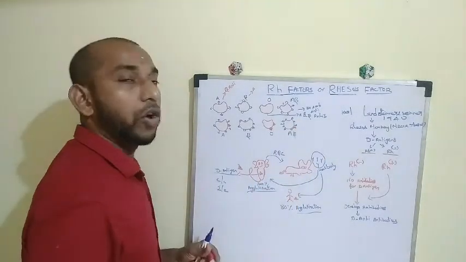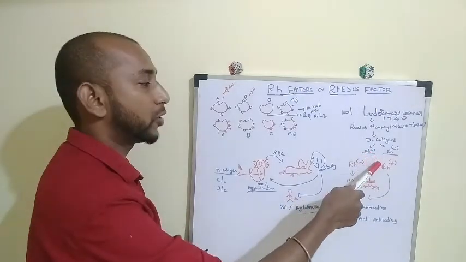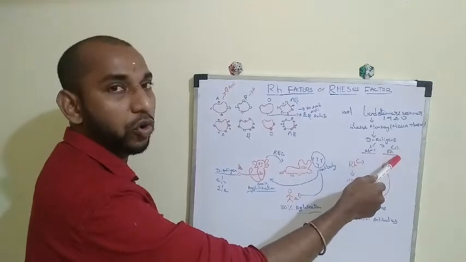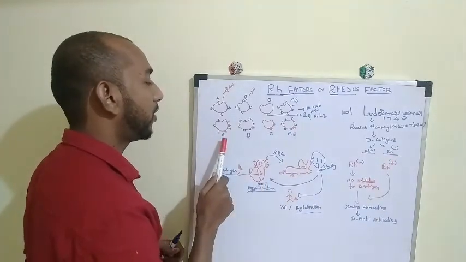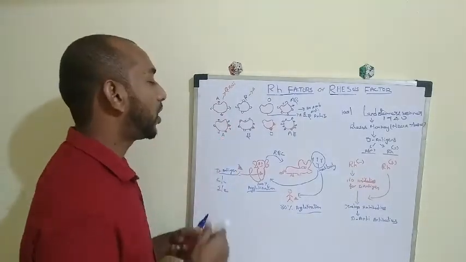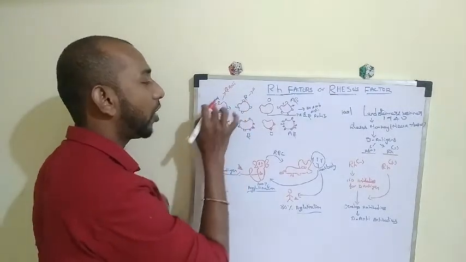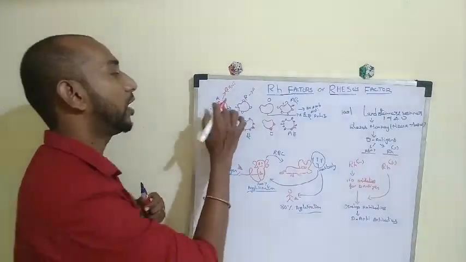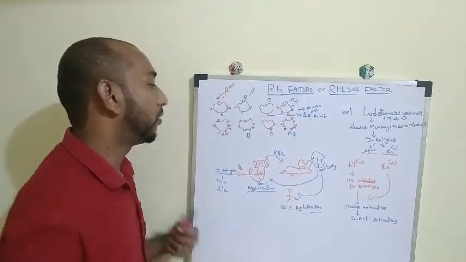As I told you, people with this D antigen are called Rh positive, without this D antigen are called Rh negative. So in all these combinations we have the D antigen on the surface of the red blood cell, then we call this A positive. Here we cannot find any D antigens, right? So it is A negative, or Rh negative.